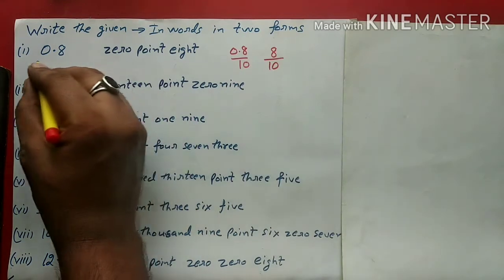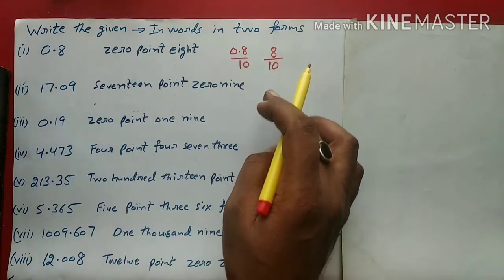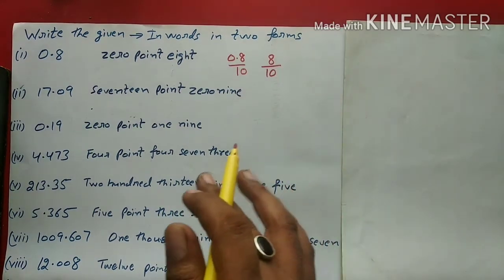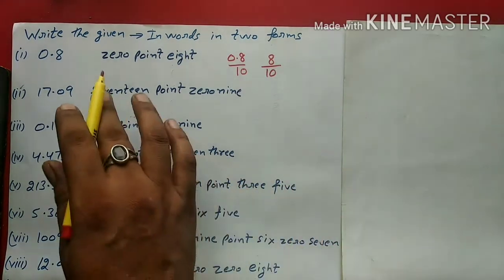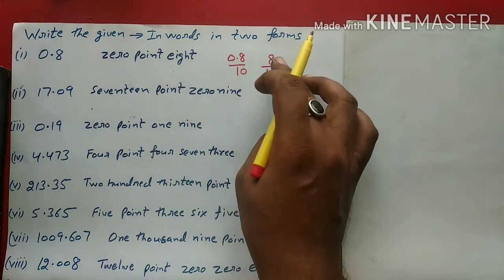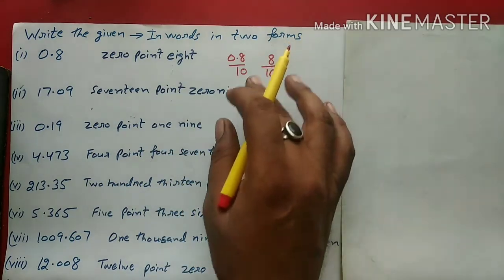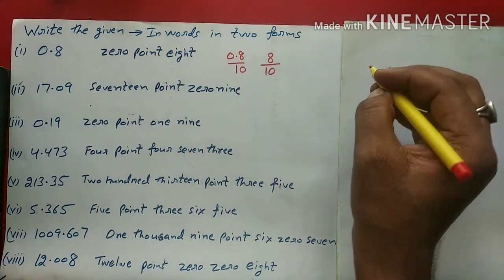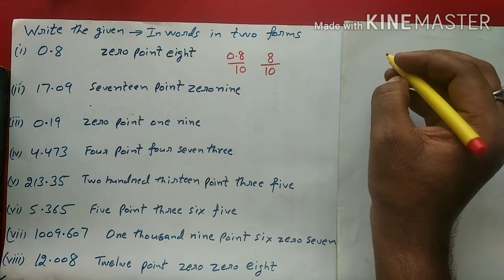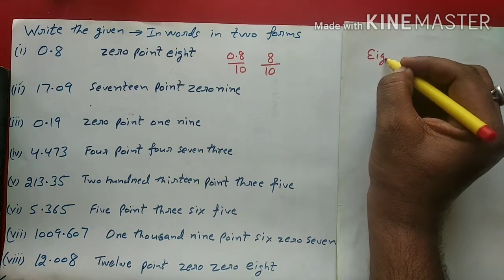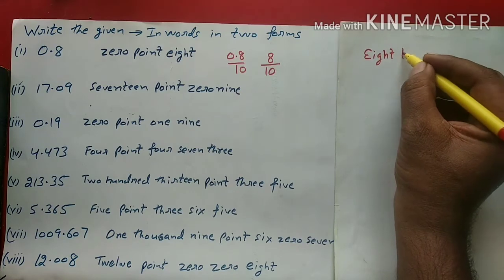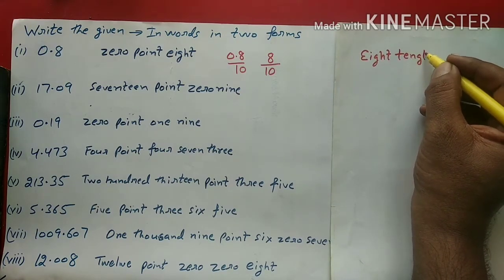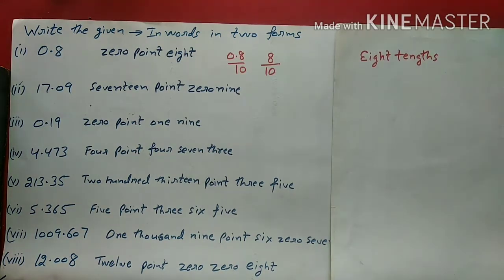So I can write 0.8 as 8/10. Now on this basis I will write its second form in words. 8/10 is a decimal fraction and this will be called eight tenths. Okay, this is the second form.